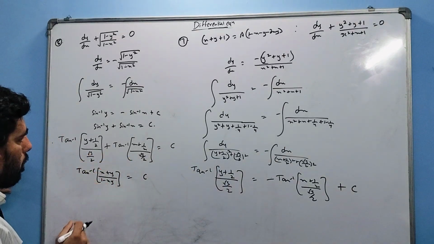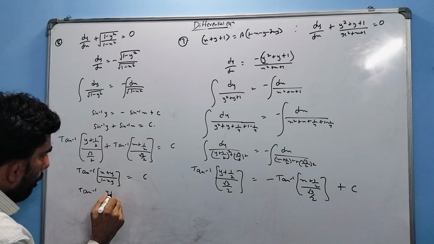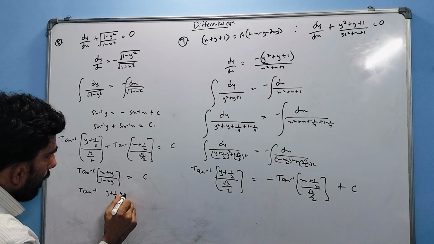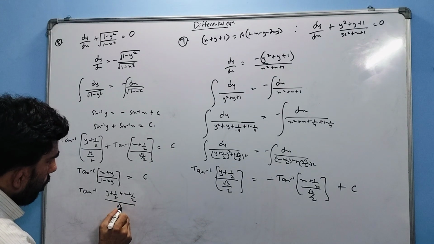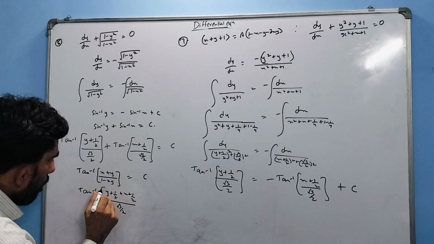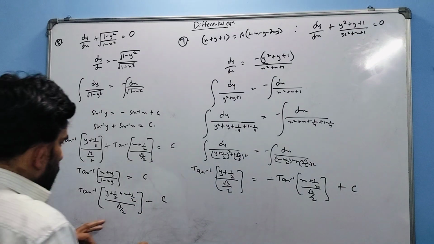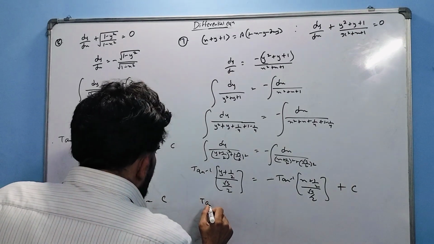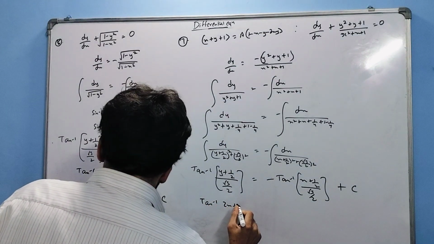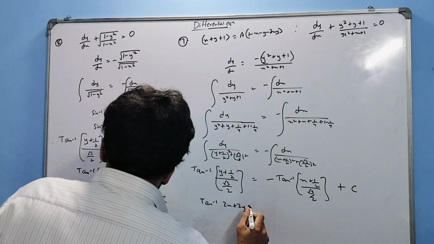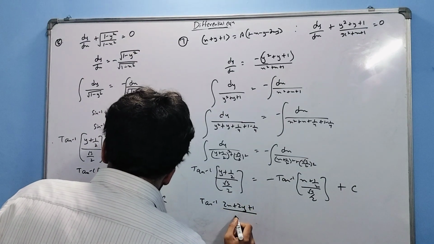What I will get here is tan inverse of (y plus half plus x plus half) upon root 3 upon 2 is equal to c. So now we have tan inverse of (2x plus 2y plus 1) upon root 3.